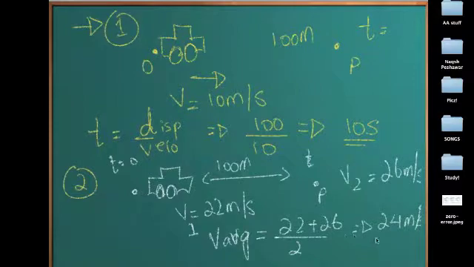Now my average velocity is 24 meters per second. Now if I need to find the time, it will be 100, again distance over velocity. Always keep in mind that this is velocity average. This would give me 100 divided by 24, which is equal to 4.17 seconds.